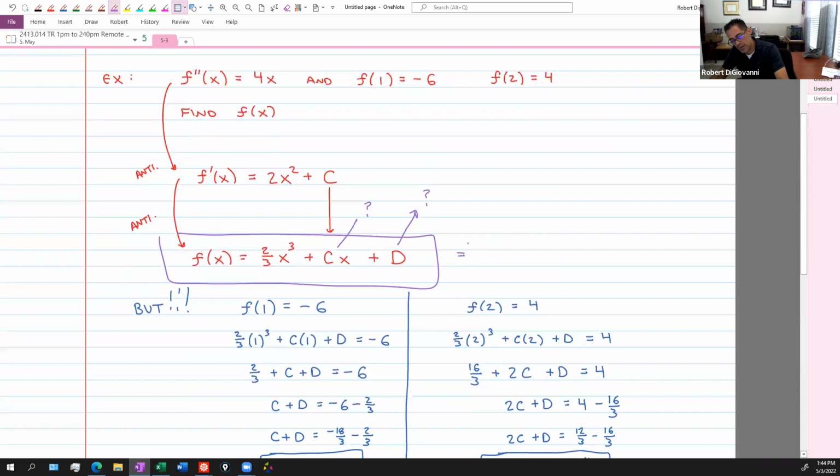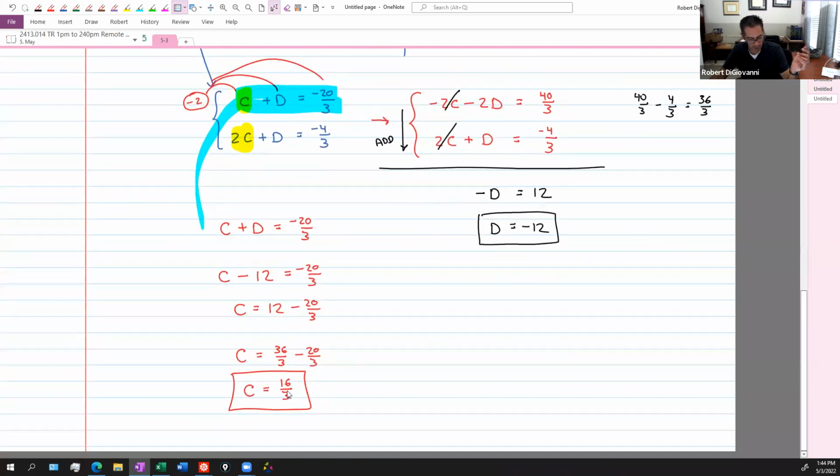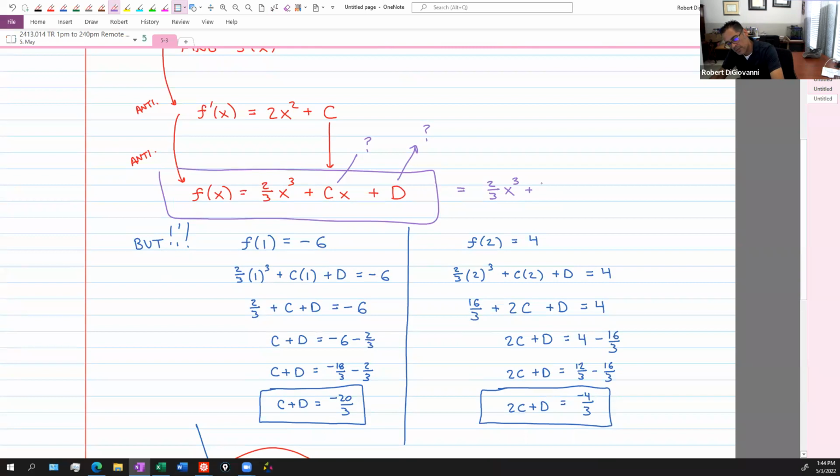So my function is 2/3 x cubed plus what was C? C was 16/3. So plus 16/3 x, and then plus D, but D was -12. There it is. That's f of x.